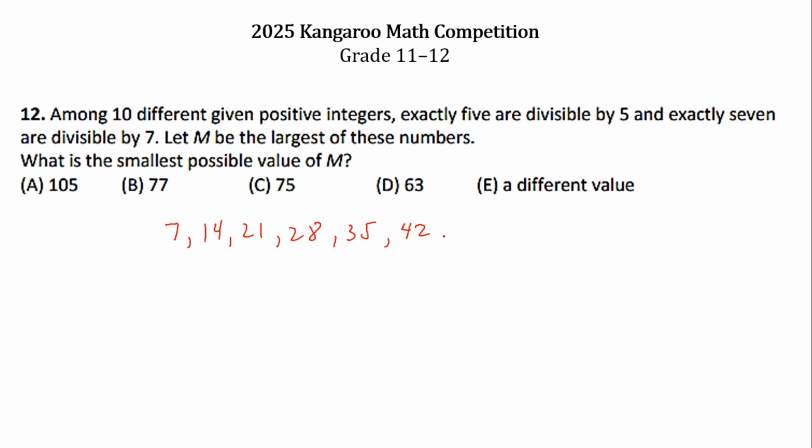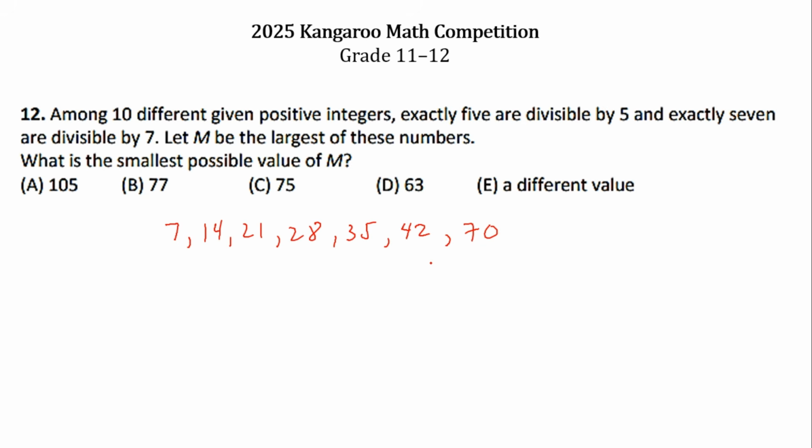Now, we need this to be as small as possible because we are minimizing m, and we must include 70. Okay, so there are already 7 positive integers divisible by 7, and 2 of them are divisible by 5.